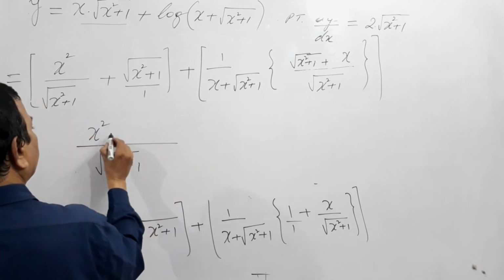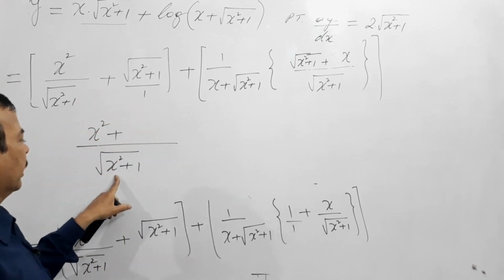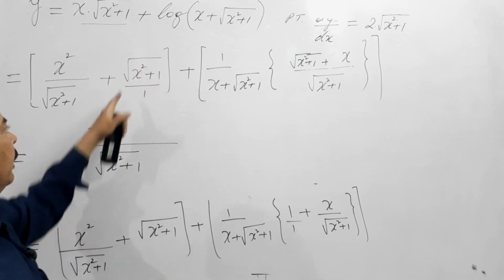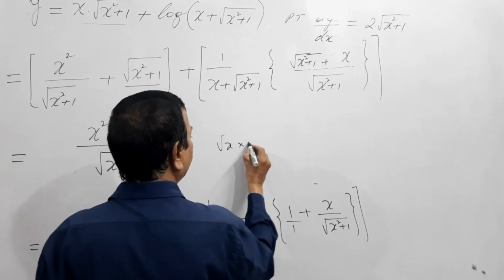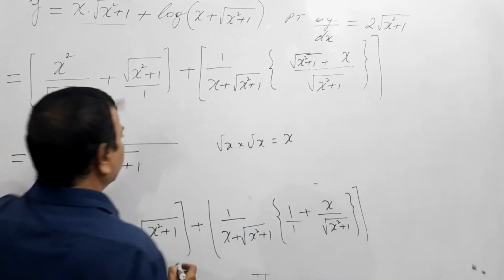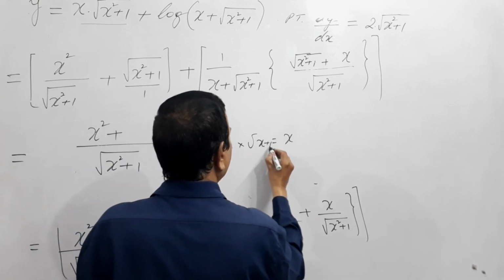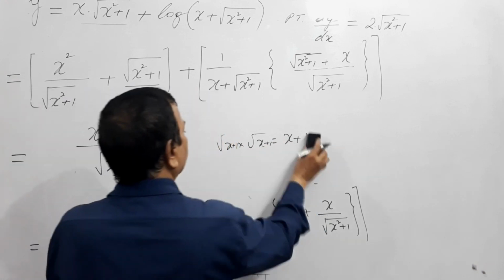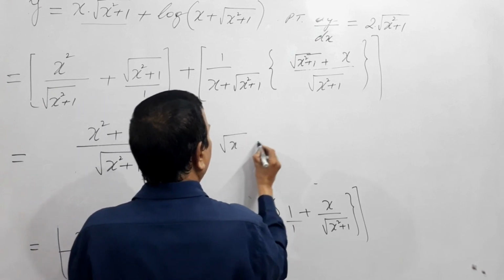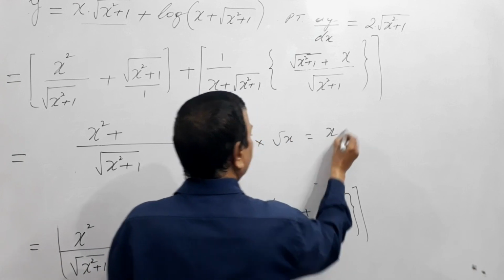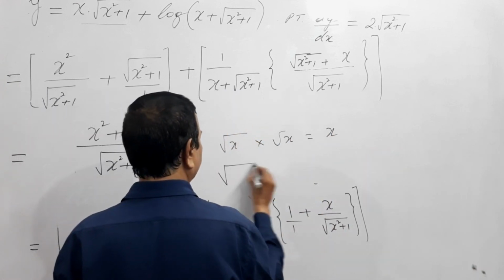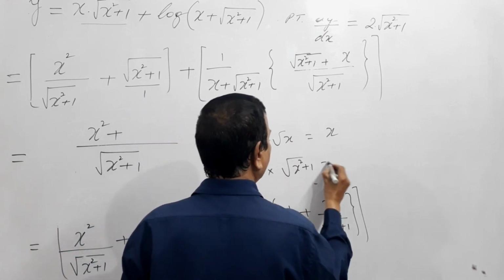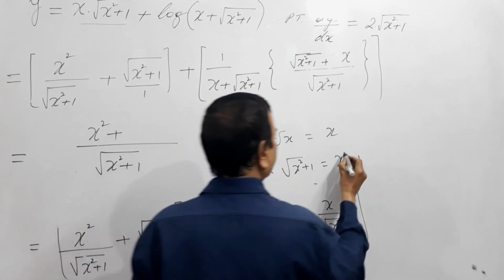This goes there, under the root x square plus 1 times. So under the root x square plus 1 times under the root x square plus 1 becomes x square plus 1, that is we have root into root equals to itself.